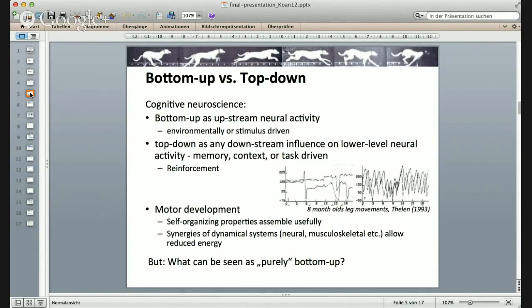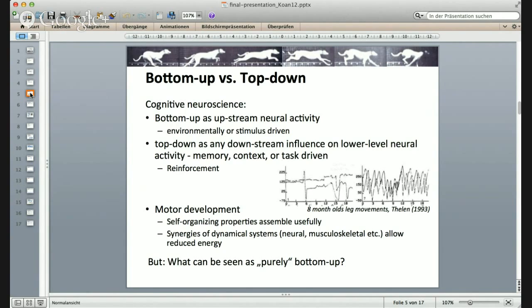And separately from this, or maybe also going further, looking at research on motor development, that is more in the direction of what was explained as bottom-up before. So self-organizing properties, they assemble usefully. For example, the illustrations that I'm using are from works of Esther Thelen, who was also doing research on movements of babies.